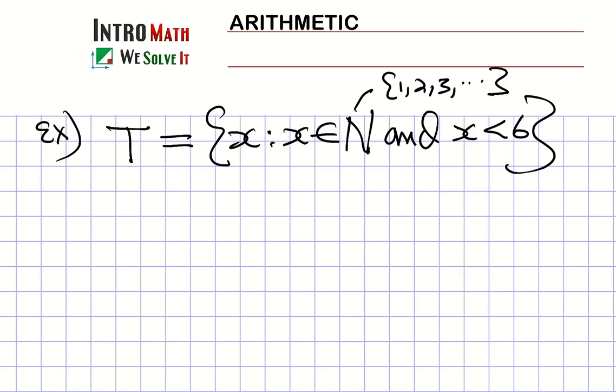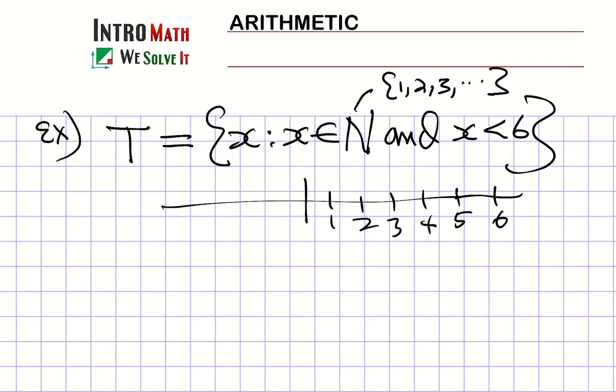All that means is if you draw your Cartesian coordinate, you have 1, 2, 3, 4, 5, 6. If you get confused, draw that. They say X is less than 6. 6 is not included. So X is over here, going that way, and then it ends at 1 because after 1 there's nothing else in natural numbers.